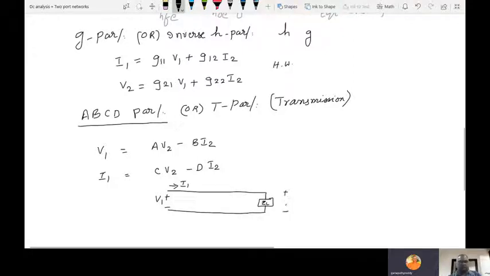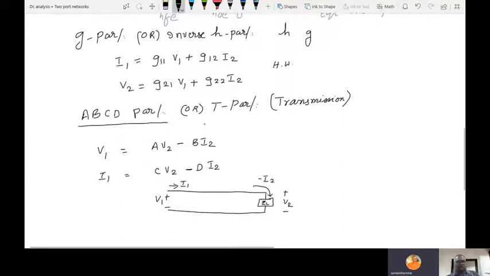The voltage across it is V2, the drop. Current will flow like this now, but as I told you, current entering the port is plus, and what is coming out is minus. So I am writing in terms of V2 and minus I2. That's why this negative sign came.